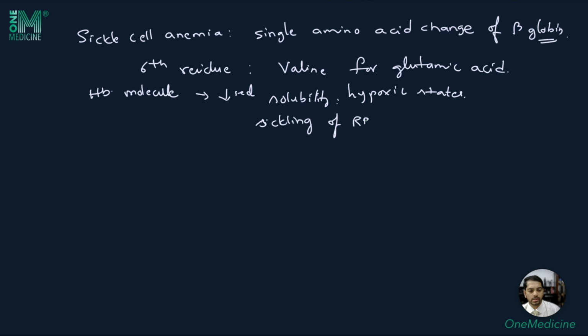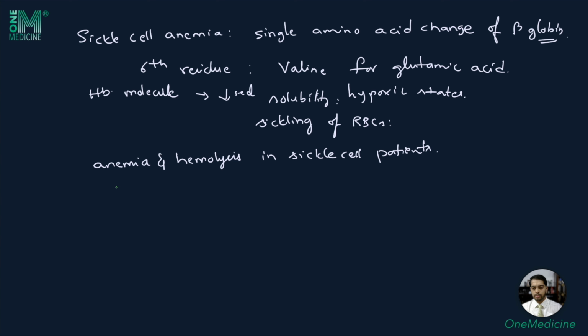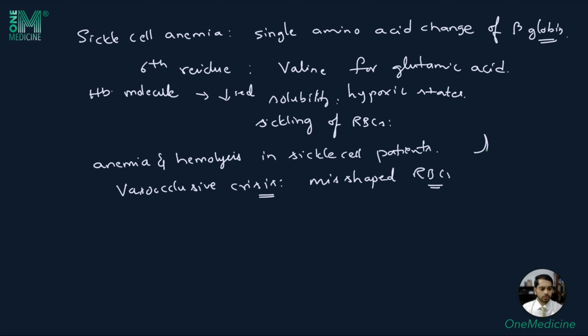Although there is anemia and hemolysis in sickle cell patients, the most dreaded complication is vaso-occlusive crisis. Here there is vaso-occlusion because of misshaped, that is sickle-shaped, RBCs. This is how the sickle-shaped RBCs look on a peripheral smear slide.